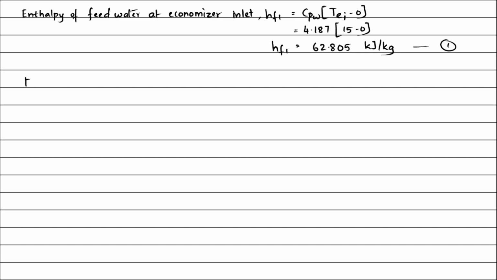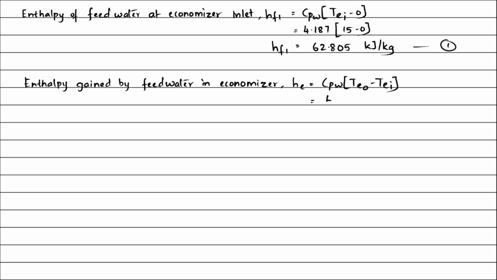Next, the enthalpy gained by the feed water in the economizer, which we denote by HE. HE equals CPW into the temperature rise in the economizer, that is TEO minus TEI.